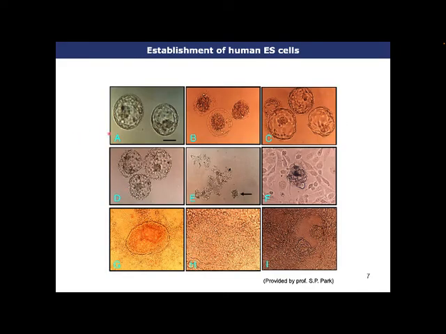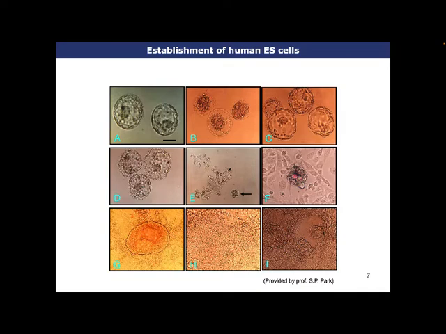So this is the process of human ES cell establishment. So this is a fertilized egg, and the blastocyst derived from the fertilized egg. And if we crush the blastocyst, isolate the inner cell mass and plate them onto the feeder layer, these cells are fibroblasts, the feeder cells, which help the stem cells proliferate.